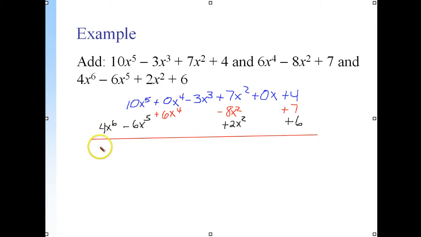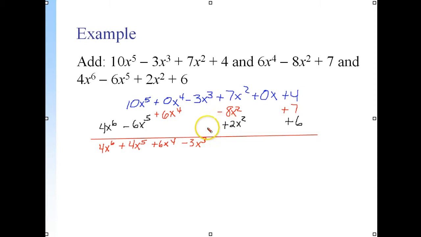So now it's just a matter of going by and going 4x to the 6th. Careful. Negative 6, positive 10 will give me a positive 4x to the 5th. This is going to be plus 6x to the 4th minus 3x to the 3rd.